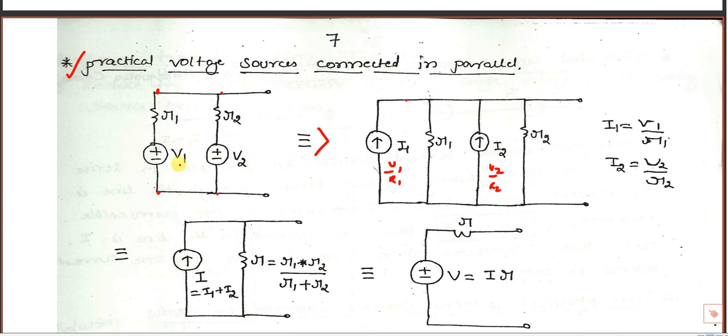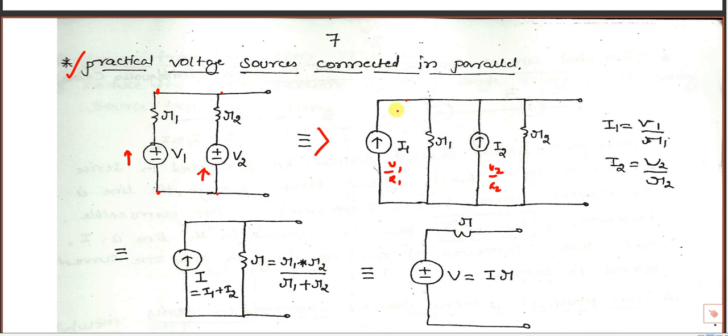While writing the direction of the current, please remember it is always from minus to plus. If I convert this one to a current source, the current direction is towards the plus side, and this one also upwards, minus to plus. And the resistances you have to connect in parallel, because for current sources you write parallel resistance.